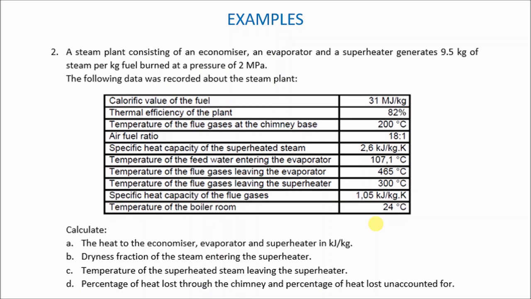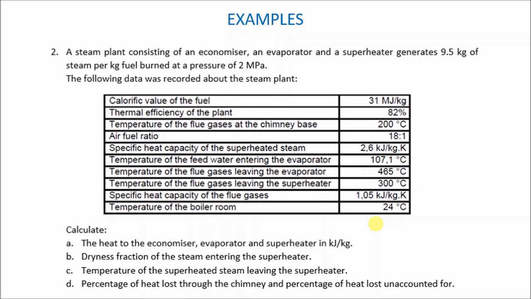You are given the thermal efficiency of the plant, which is 82%. We already saw the equation for efficiency. Now you are given the temperature of the flue gas at the chimney base.